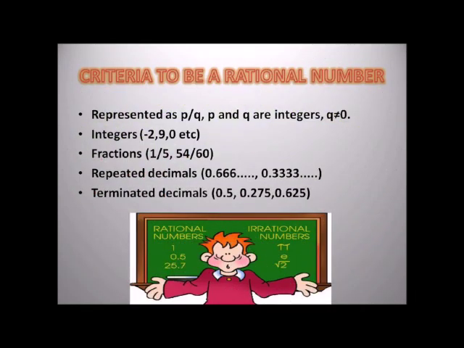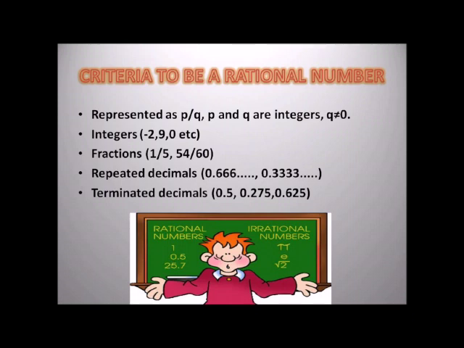Now, there are certain criteria to be fulfilled by a number to be a rational number. So, what are those criteria? First, it should be represented as P by Q, where P and Q are integers and Q should not be equal to 0.